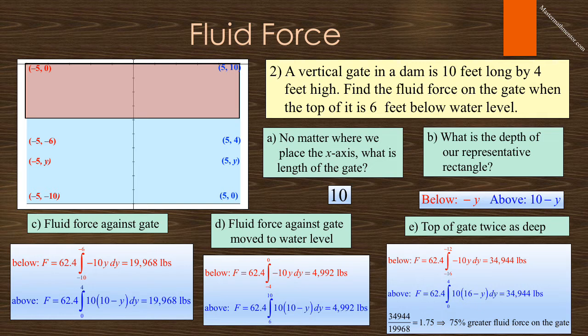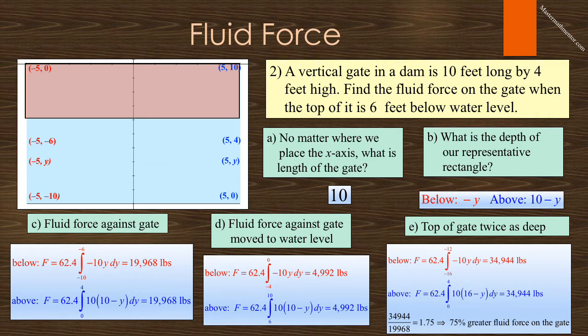If the top of the gate is twice as deep as originally stated, our below formula only changes the limits of integration. 62.4 integral from negative 16 to negative 12 of negative 10y dy. If we use the gate above the x-axis, then the depth changes, but the limits of integration stay the same. 62.4 integral from 0 to 4 of 10 times (16 minus y) dy.